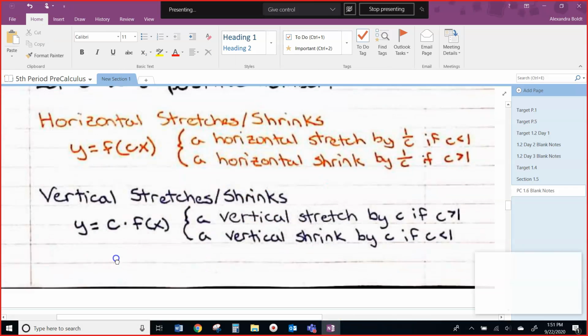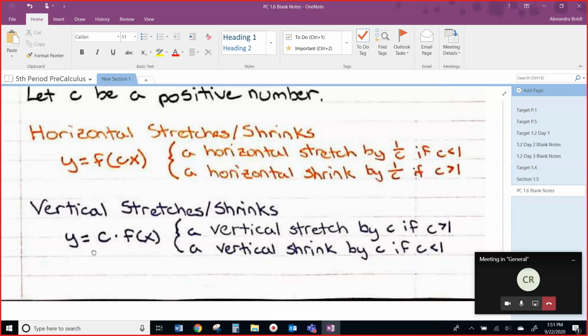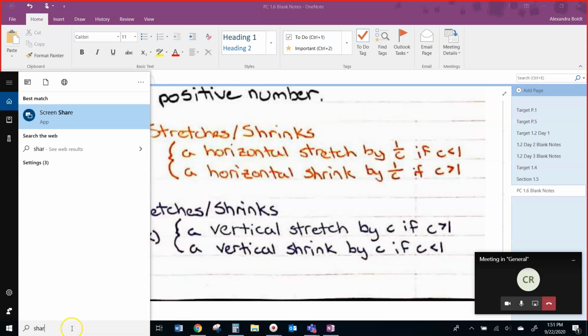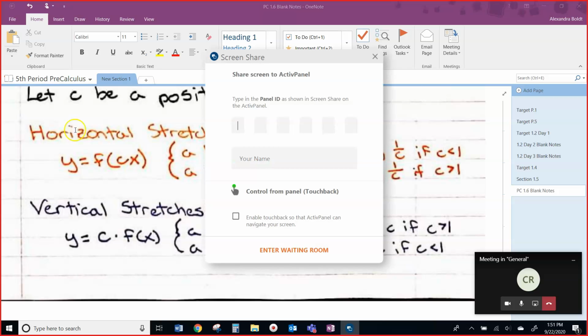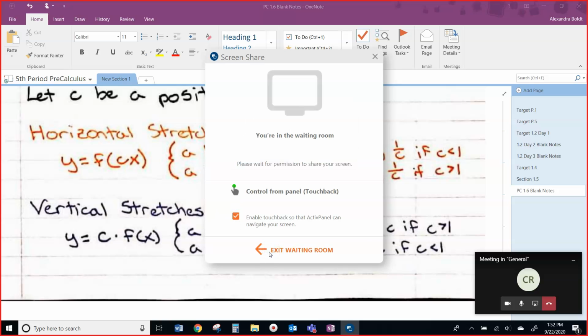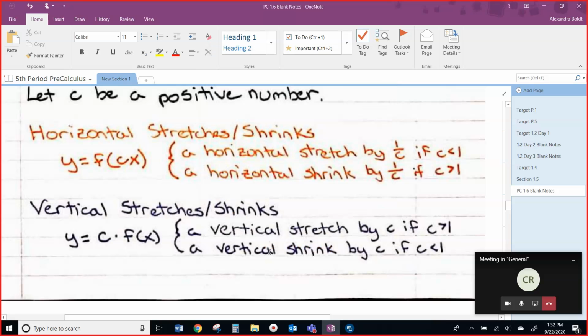So what we just saw here, right, is we have these things called horizontal stretches and shrinks. Okay, so we see that first one is our horizontal. Our first, right, horizontal when it's on the inside.